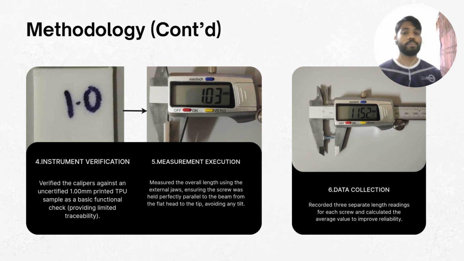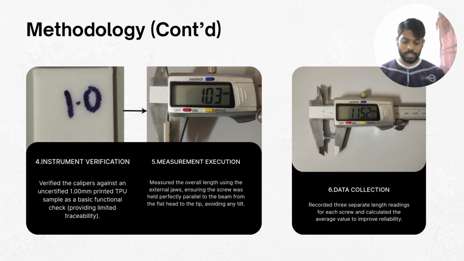As shown in the picture, it is showing a reading of 1.03 mm, which is very close to 1 mm, and we know that the 0.03 mm is coming from the instrument error of plus minus 0.002 mm. So now that we have found a way to verify whether or not the instrument is actually measuring the distance correctly in millimeters, we can proceed with the next step, which is measuring the screw.